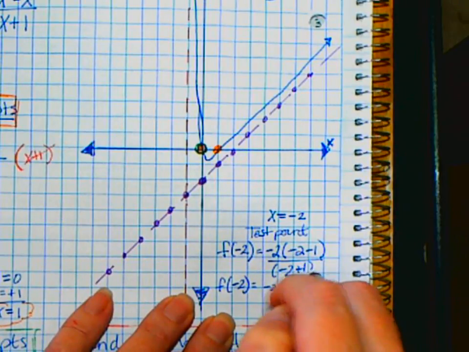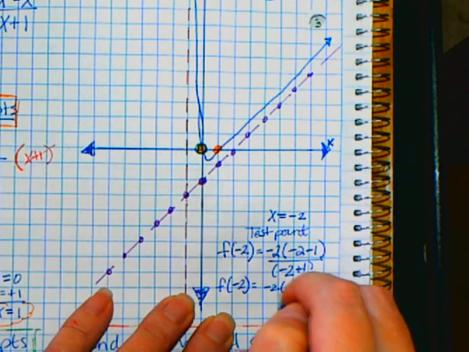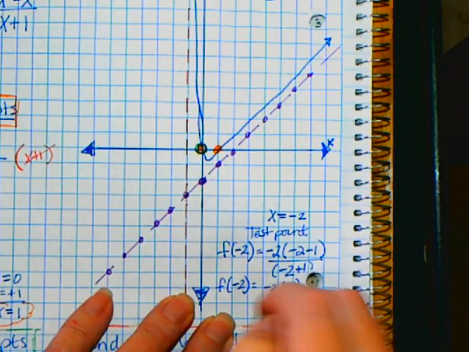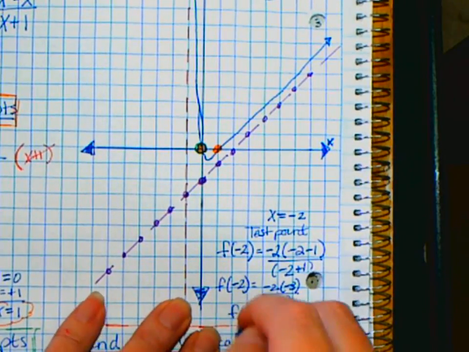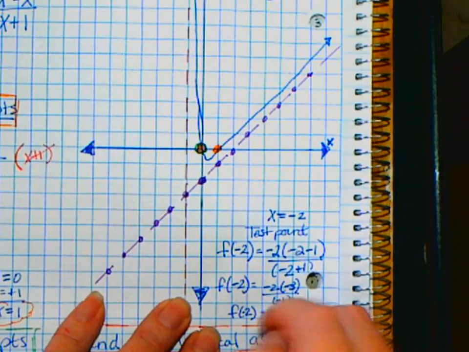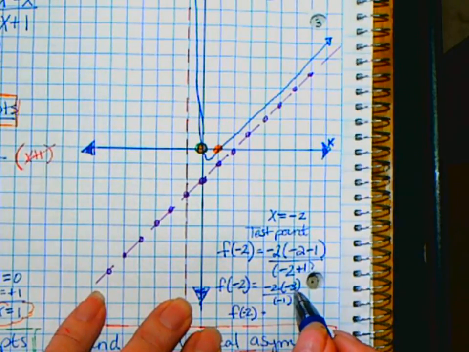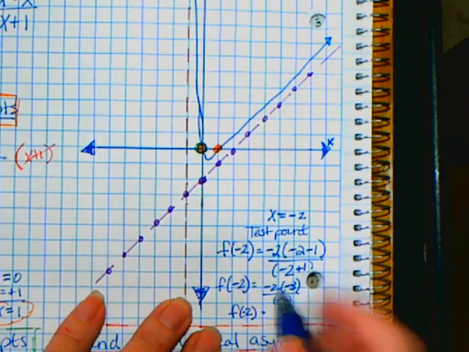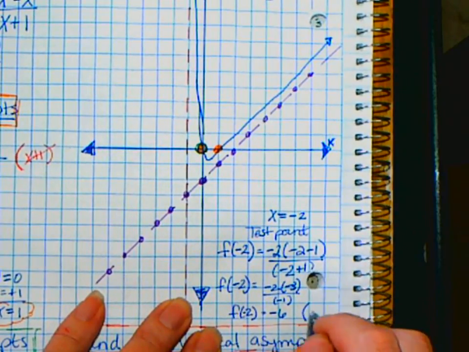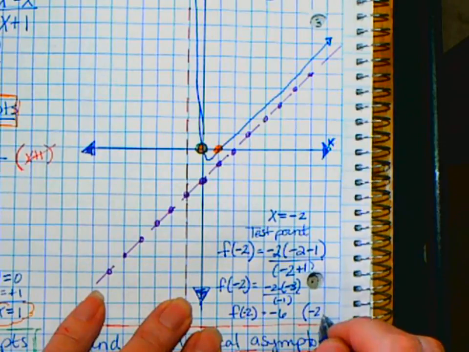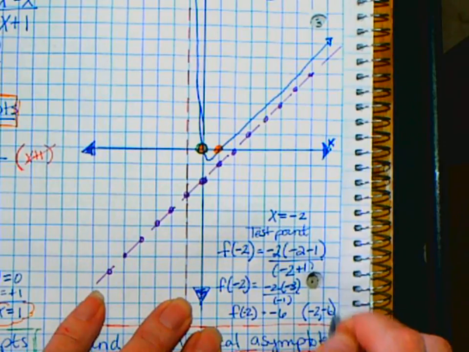Negative 2 minus 1 is negative 3, over negative 2 plus 1, which is negative 1. So negative 2 times negative 3 is positive 6, divided by negative 1 is negative 6. So I have negative 2, negative 6.